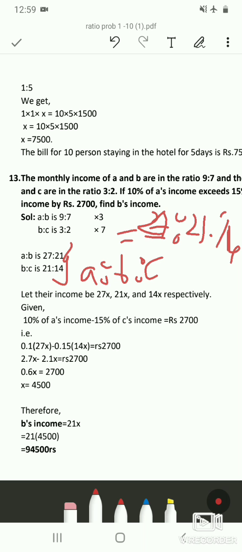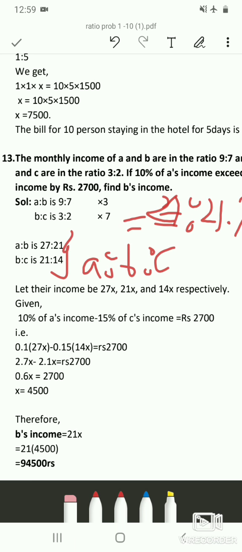In the question they have mentioned that 10% of A's income exceeds 15% of C's income by rupees 2,700. So you can write the given statement as 10% of A's income minus 15% of C's income equals rupees 2,700.